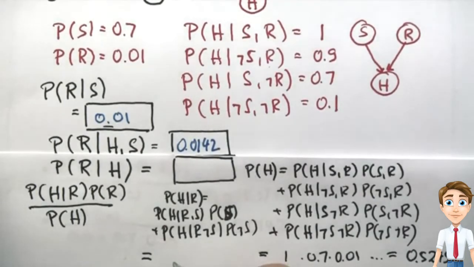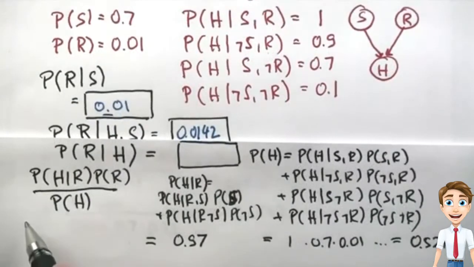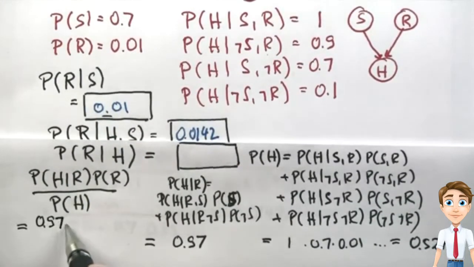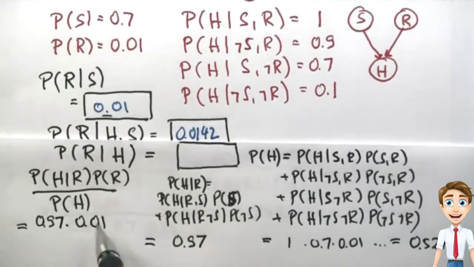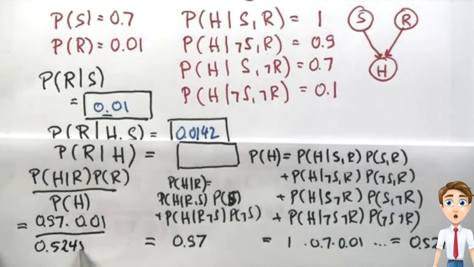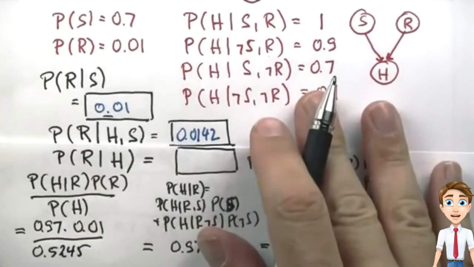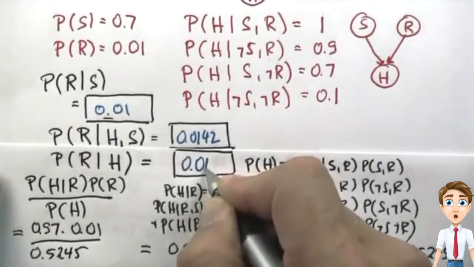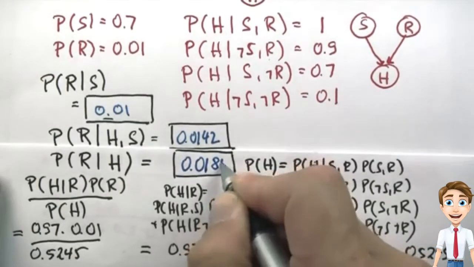0.97. So if we now plug this all back into this equation over here, we get 0.97 times 0.01 over 0.5245. This gives us approximately, as a correct answer, 0.0185.